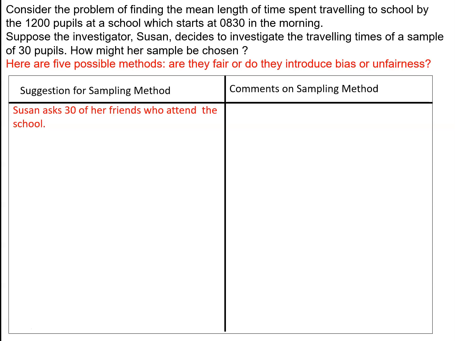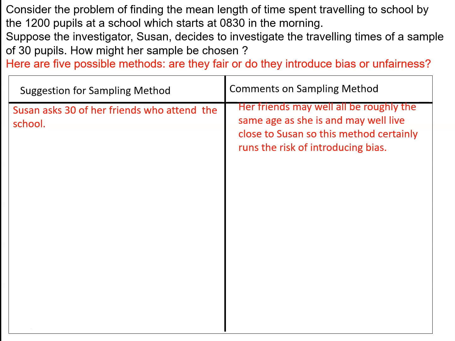Now this seems to be problematical to me because her friends may well all be roughly the same age as she is, and may well live close to Susan. So for both of those reasons I would be worried that this method of sampling might well be introducing bias.